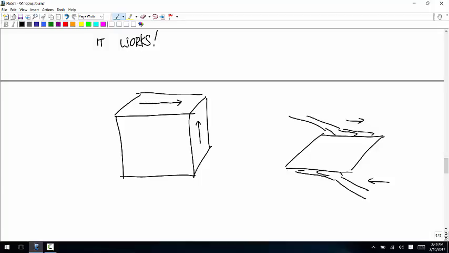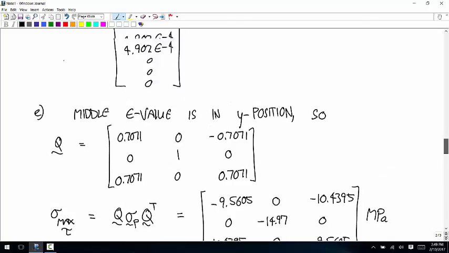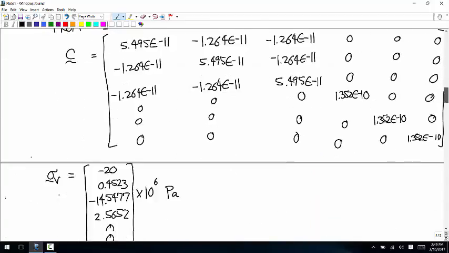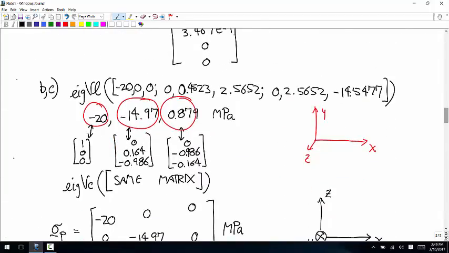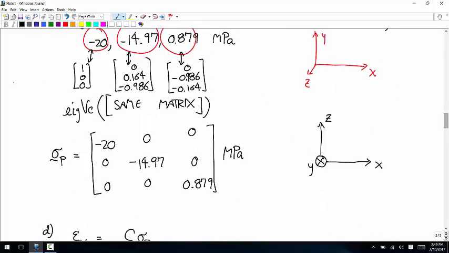Back when you got the new principal stress, and then you switched it, you got that XX. When I did the principal stress, I had the negative 14.97. And then the middle one was off. But I still got all the same values.